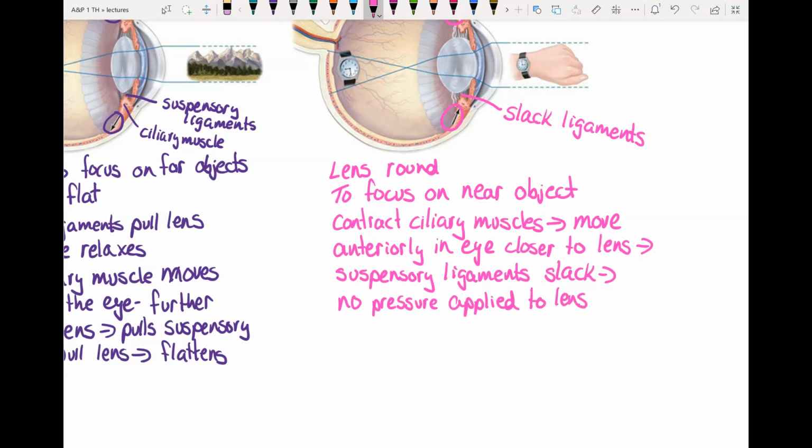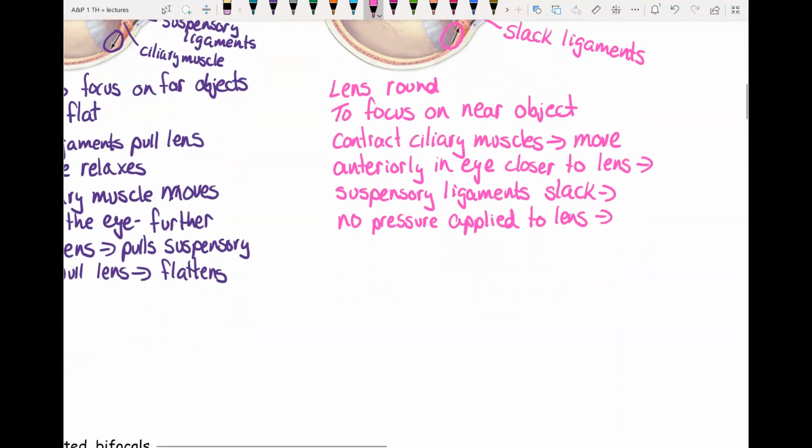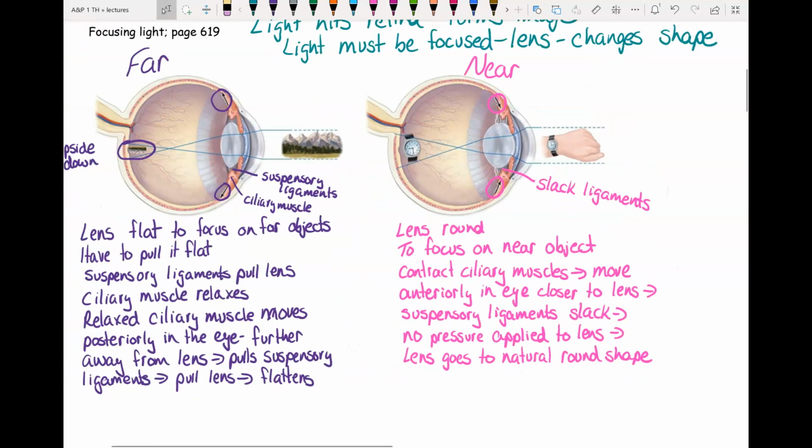And in this lack of pressure, the lens automatically springs back to being round. And now you are focused on something near.